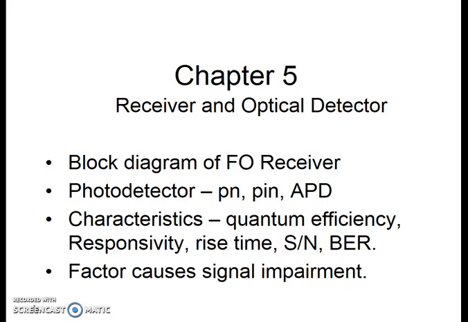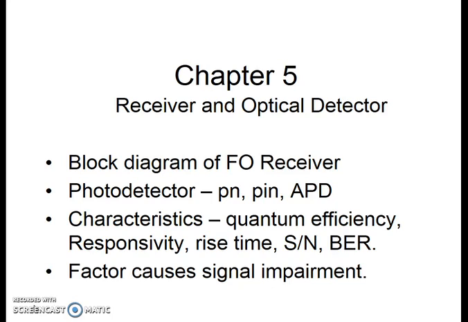For the photodiodes or photodetectors, what you need to know is how they work and what the block diagram of the photodiode is. And then the most important part is the characteristics of the photodetector or characteristics of the receiver, where we have 5 important characteristics.